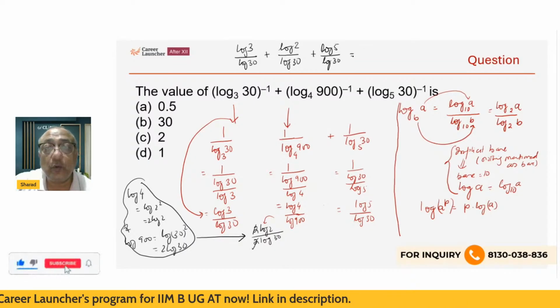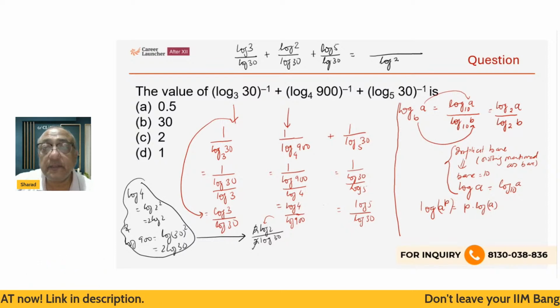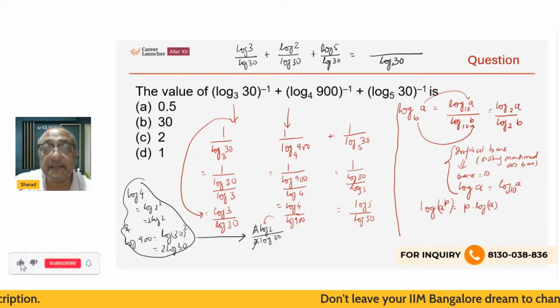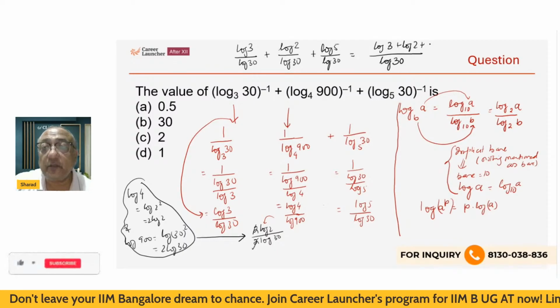If I can use this concept of basic maths, the denominator being same, this will become log 3 plus log 2 plus log 5.